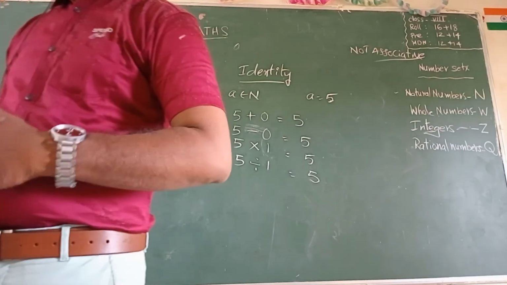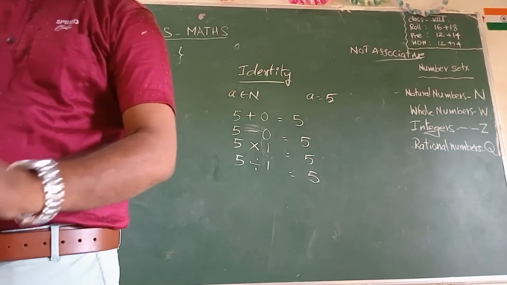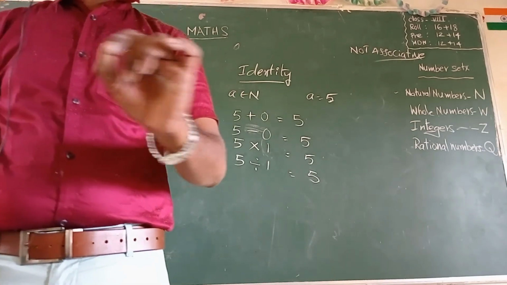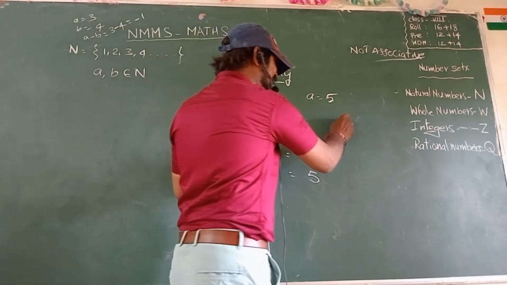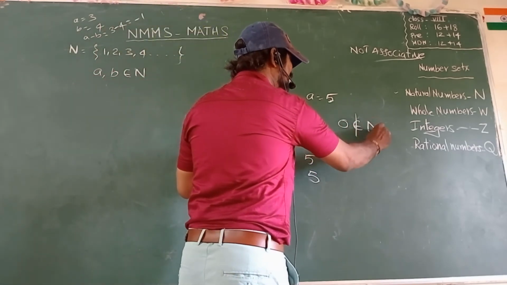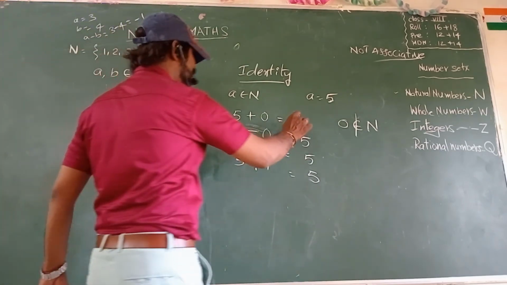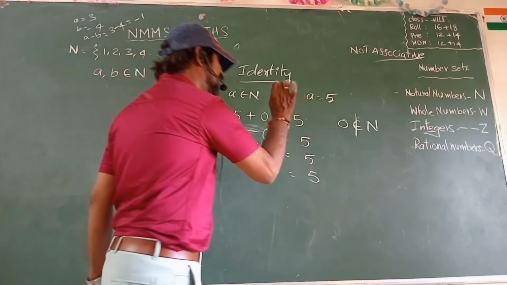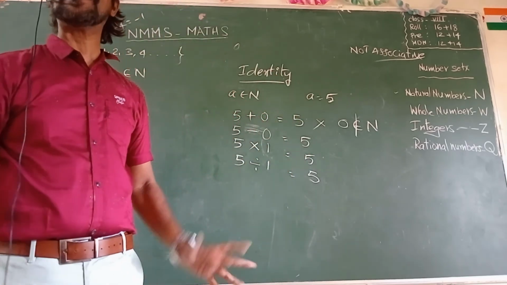But here what we observe is that this 0 does not belong to natural numbers. Zero belongs to whole numbers. So that's why in natural numbers, additive identity is not there.